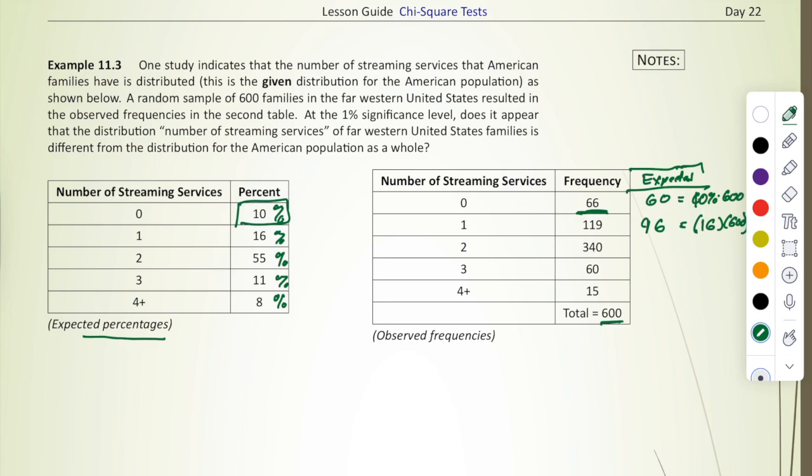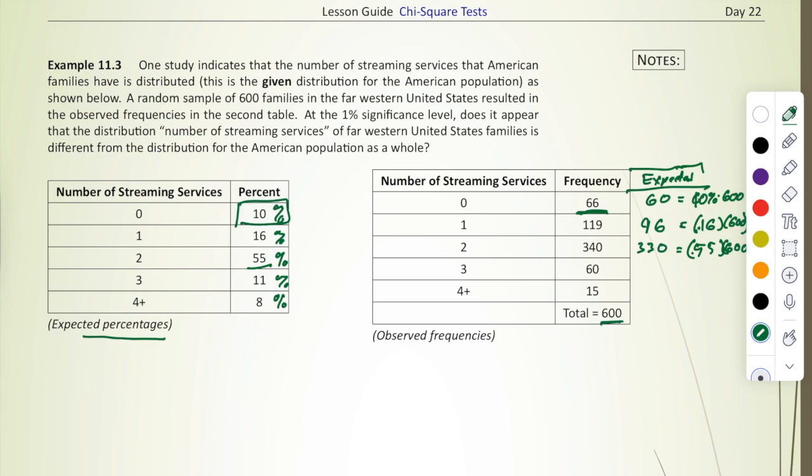Okay, next is going to be 0.55 times 600, because 55%, and that is going to be 330. So that's a good chunk, over half, right?